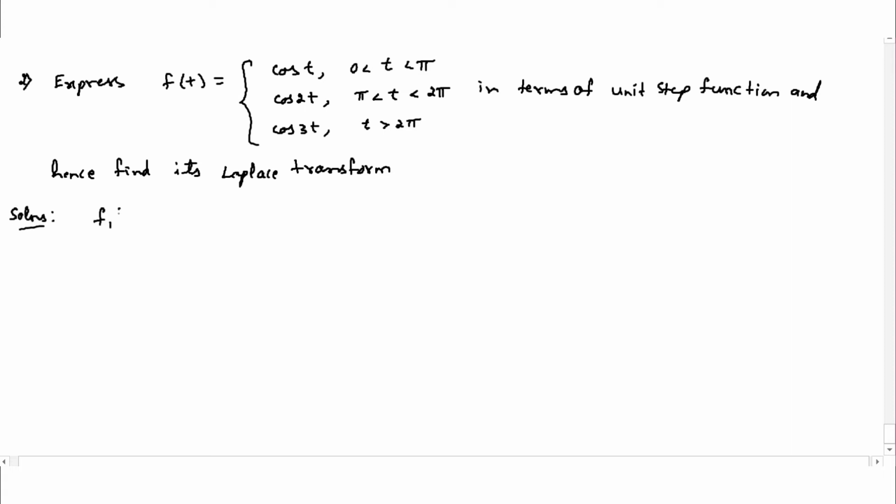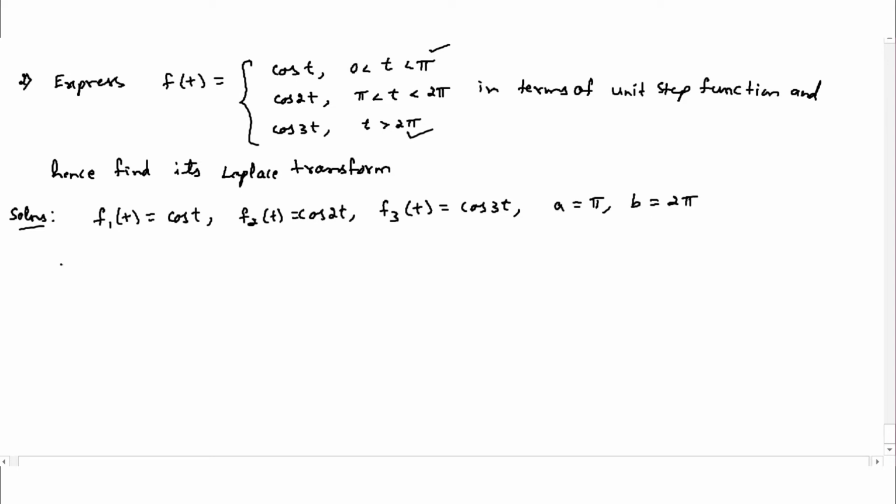So here if you try to check, your f1 of t value is cos t. Your f2 of t value is cos 2t. Your f3 of t value is cos 3t. Check the values: a value will be pi, and your value of b will be 2 pi.